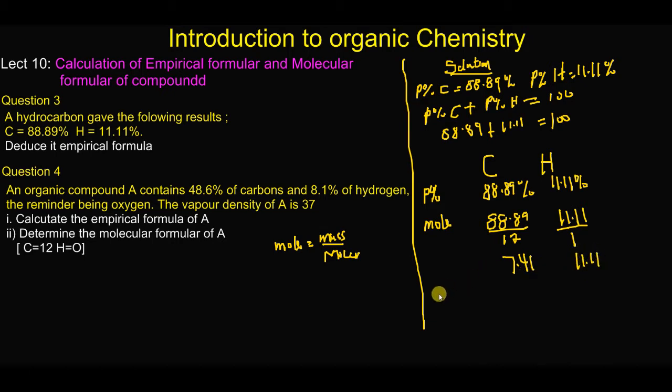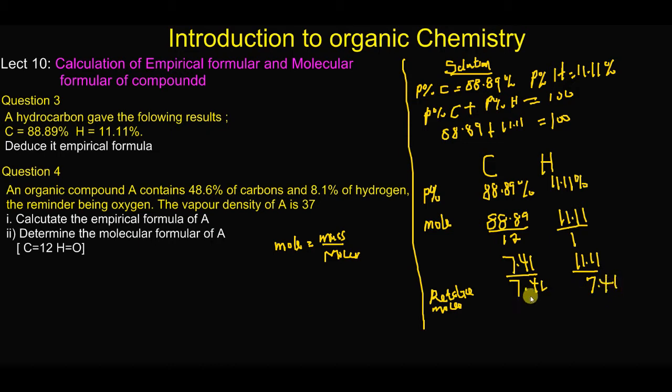Now you've gotten the mole, you go on to find the relative mole. You simply divide the moles by the smallest value. Between 11.11 and 7.41, the smallest one is 7.41. So you divide everything throughout by the smallest first ratio.